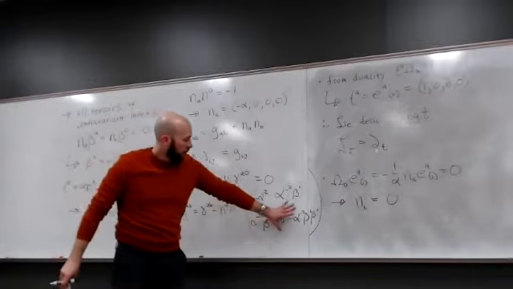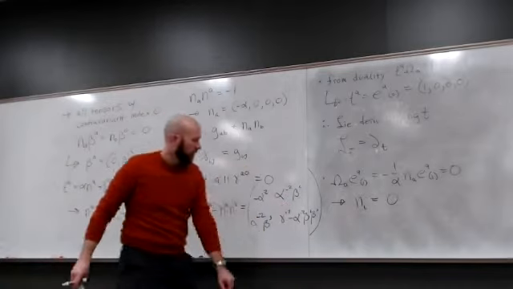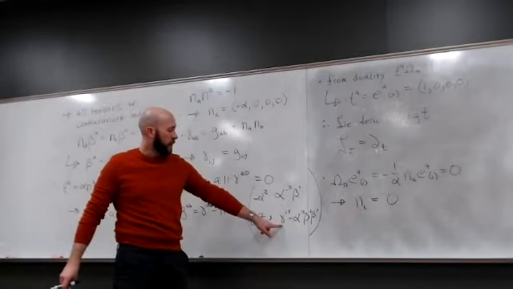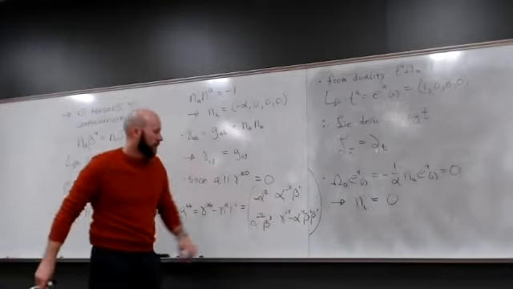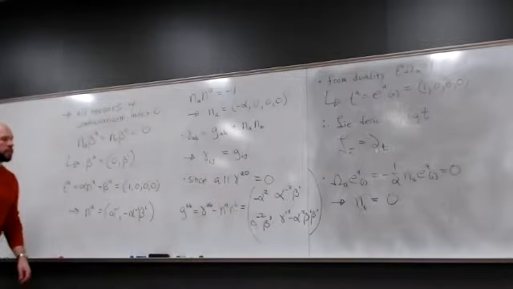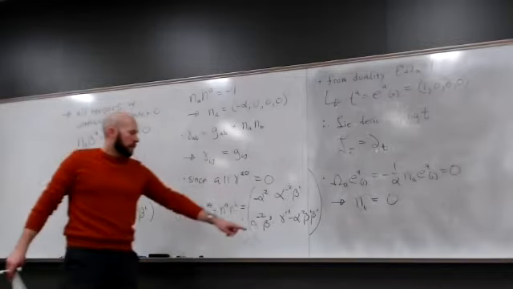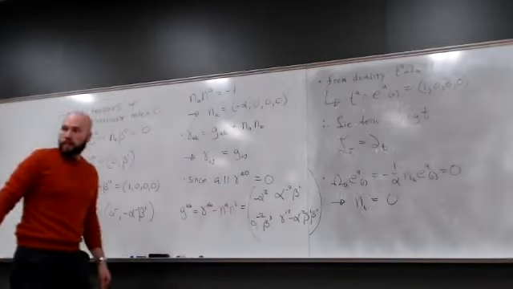This portion of the 4 metric is the spatial 3 metric corrected by a term that depends on the lapse and the shift vectors, and then some extra components in the time, where we know that gamma can't have any components up there.